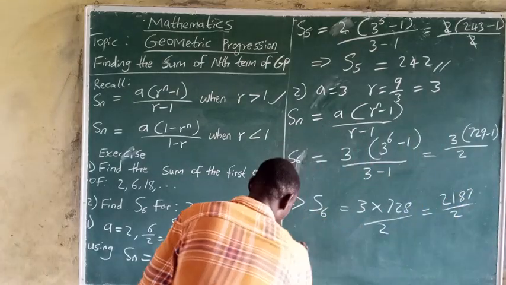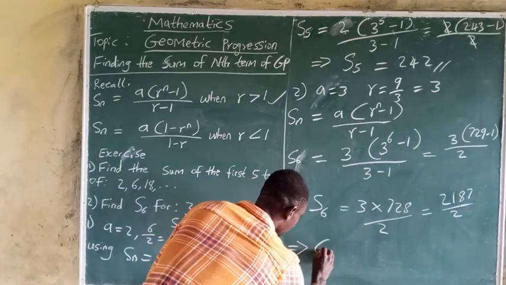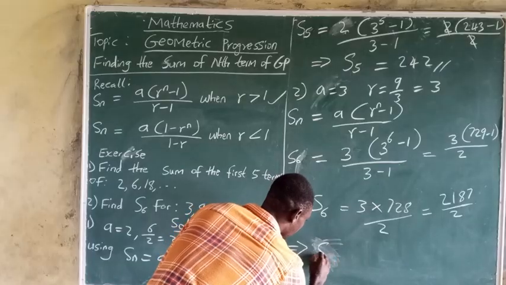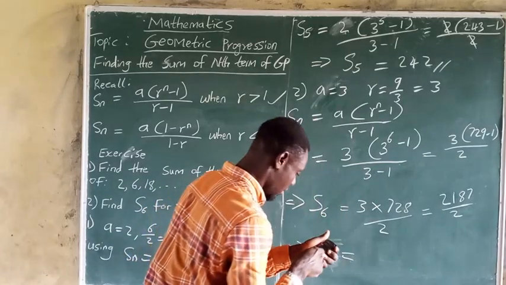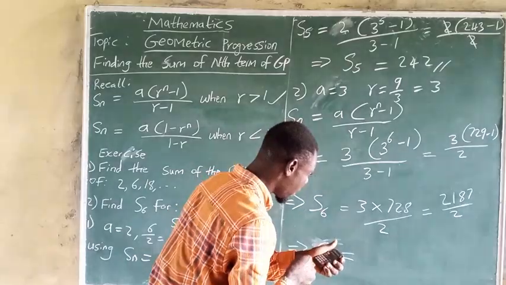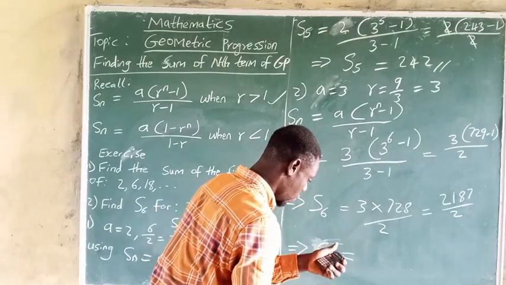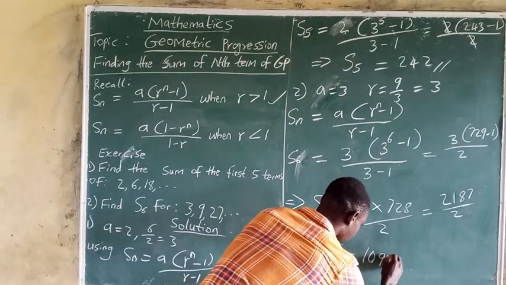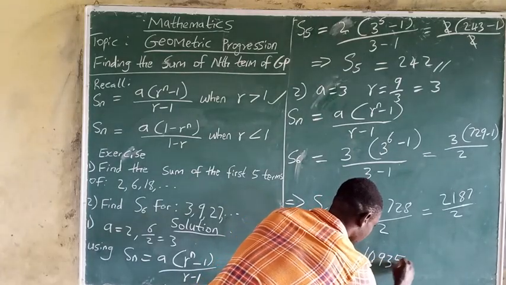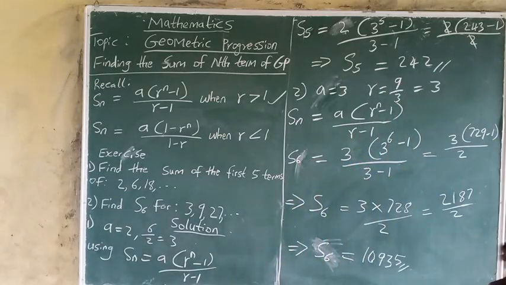So this implies that the sum of 6 divided by 2 will be 10935 as our final answer.